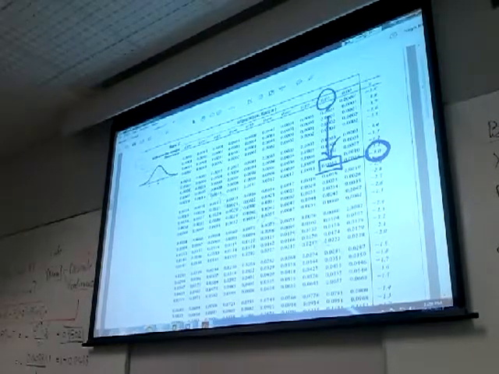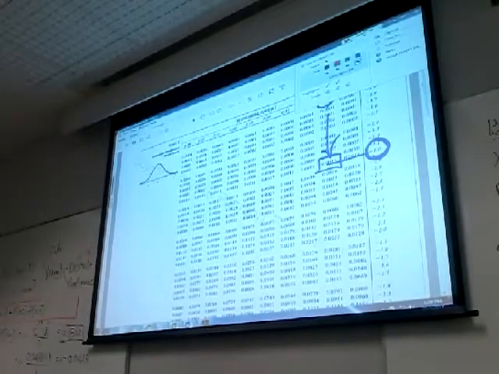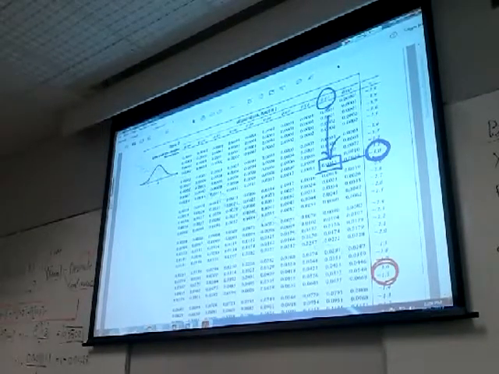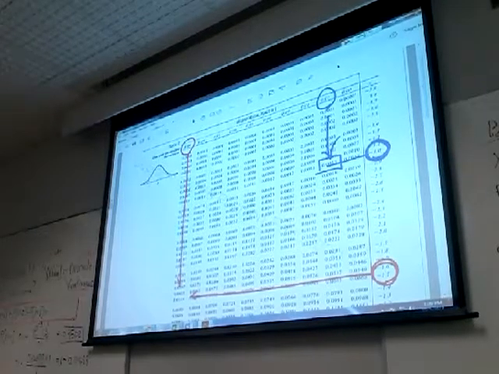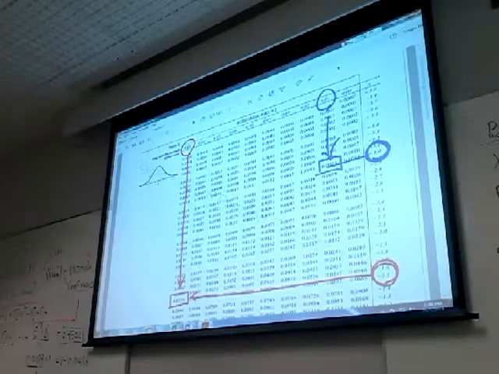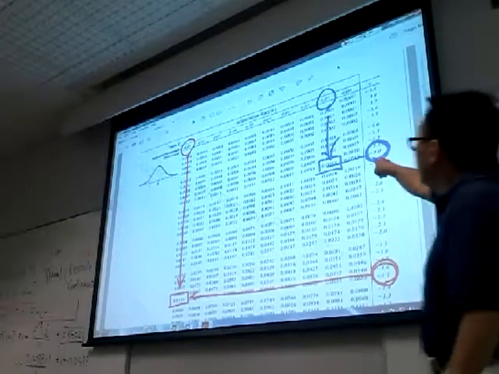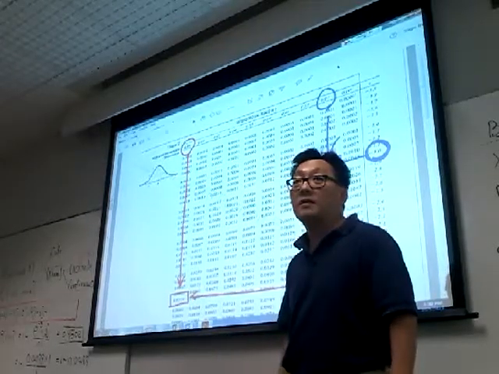What is the second score? Negative 1.59. Please copy the two probabilities. 0.0013, 0.0559.